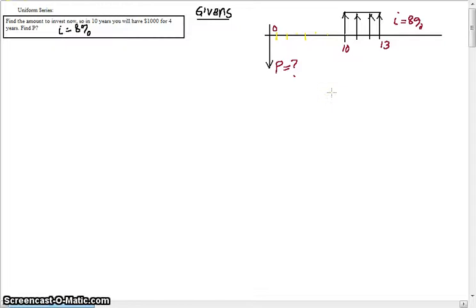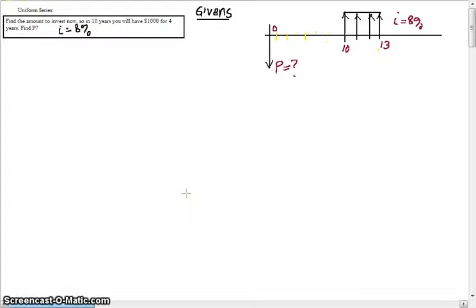So what we need to do to be able to solve for P, though, is we need to have the money or the cash at the same time frame, at the same period. And it doesn't matter. It can be in year 0, it could be in year 9, it could be in year 13. It could be in year 2 if you want, as long as the money is at the same location. Okay?